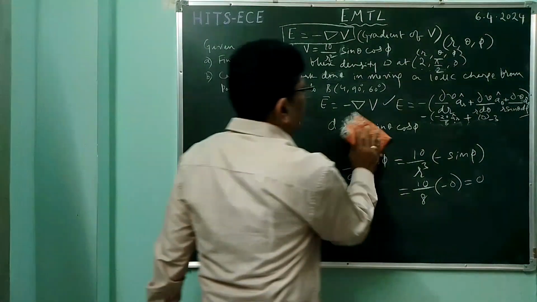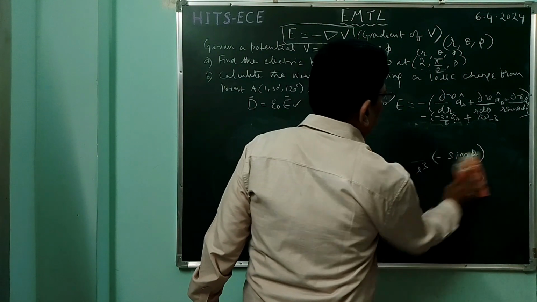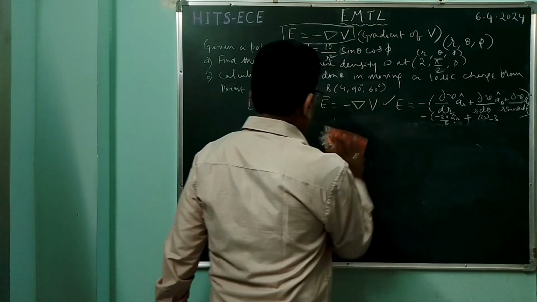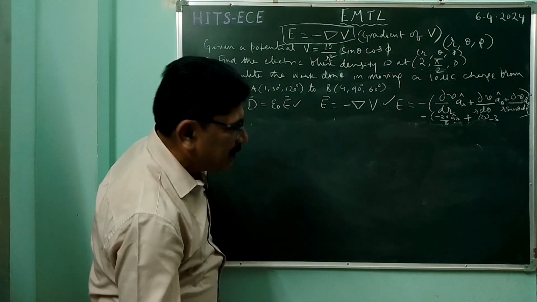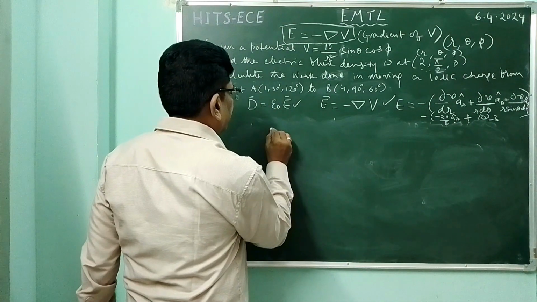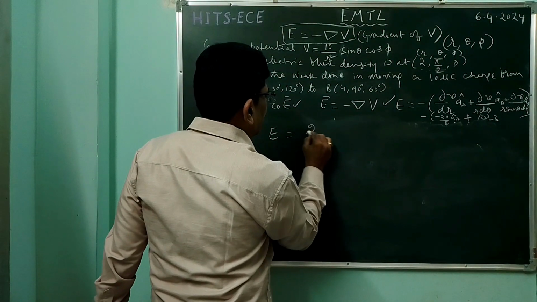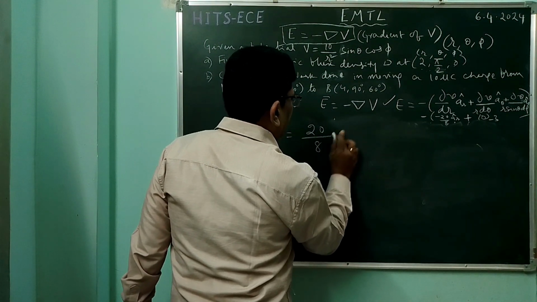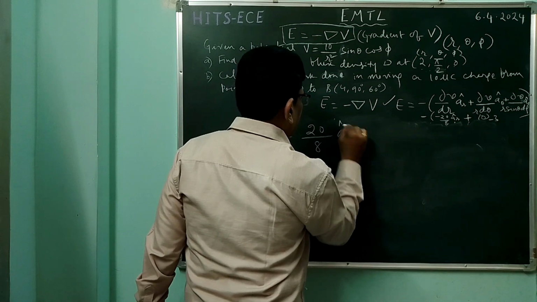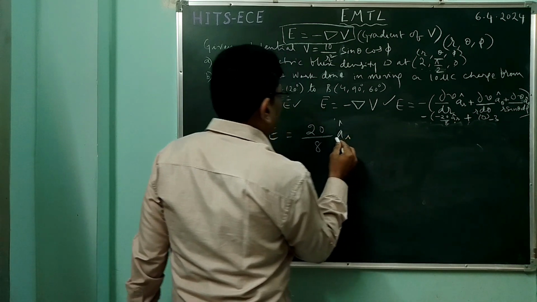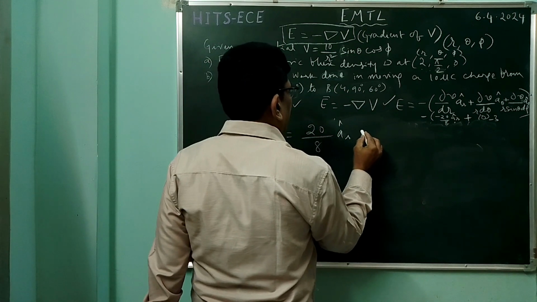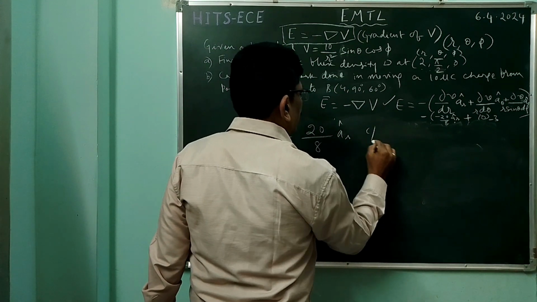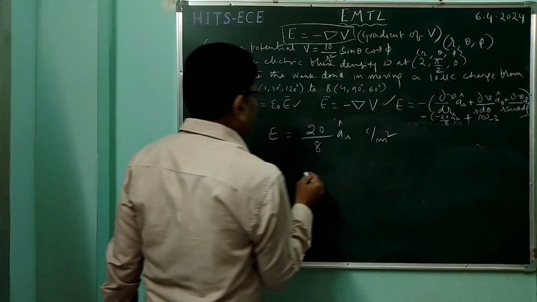So finally this E is equal to, minus of minus will become plus, 20 by 8 a_r cap coulombs per meter square.